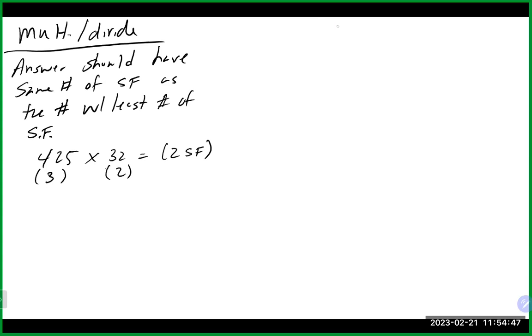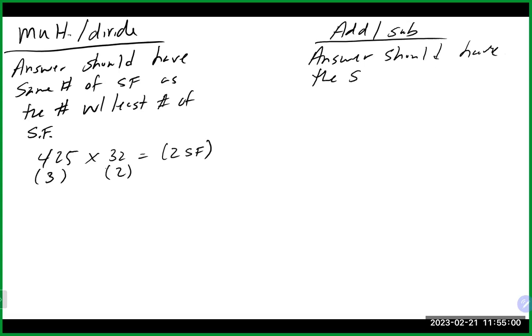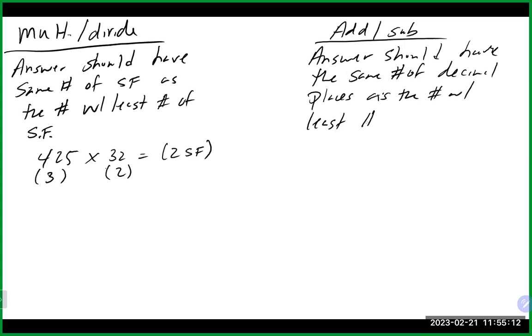The other sort of operation we do is adding and subtracting. Your answers should have the same number of decimal places as the number with the least number of decimal places.